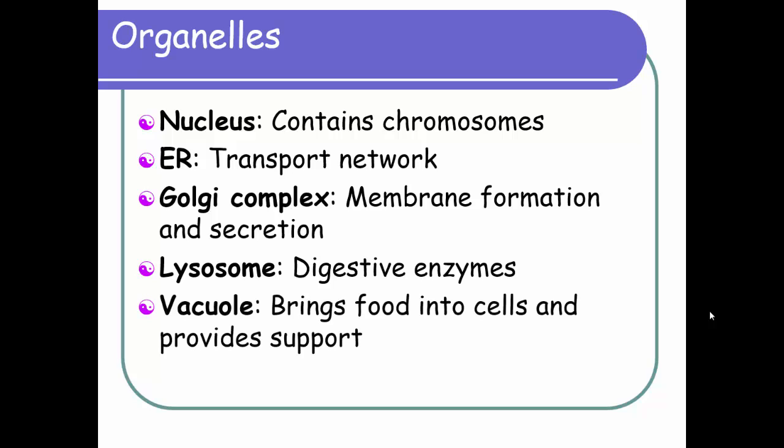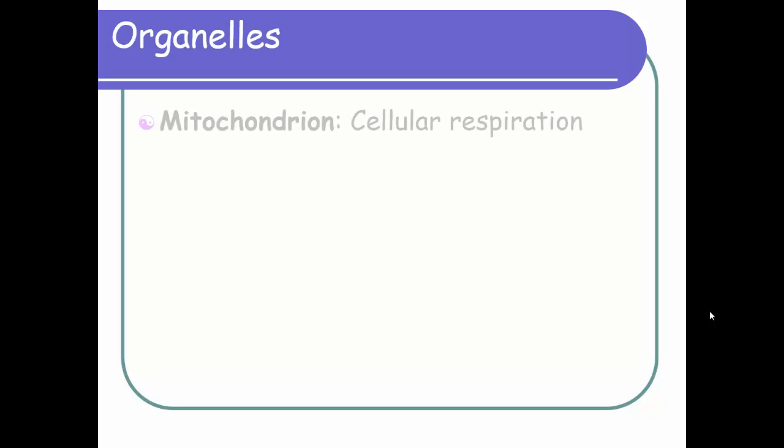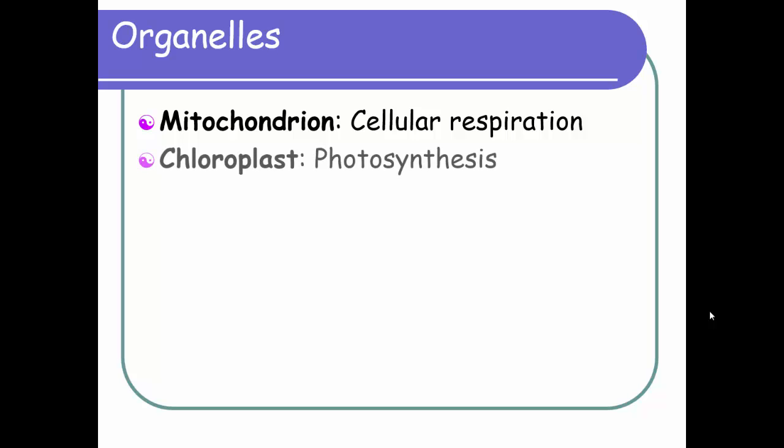Vacuoles or vesicles can bring food into the cells, provide support, and transportation. The mitochondria, these are the powerhouse of the cells. They are involved in cell respiration and the production of ATP. Chloroplasts also provide ATP in those photosynthetic cells.